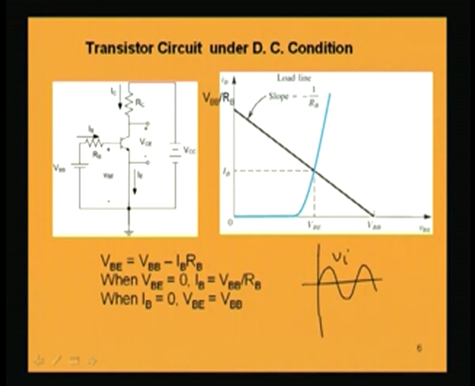That means I expect a waveform V naught where the magnitude is amplified many times, but the shape is exactly the same. If it is a sinusoidal input, I must get a sinusoidal output at the collector end. If it is triangular, I must get exactly a triangular.